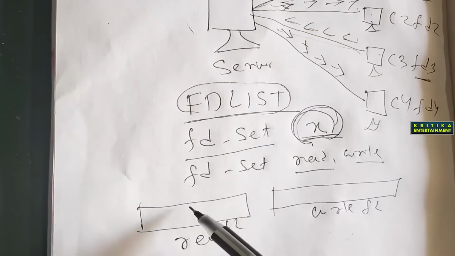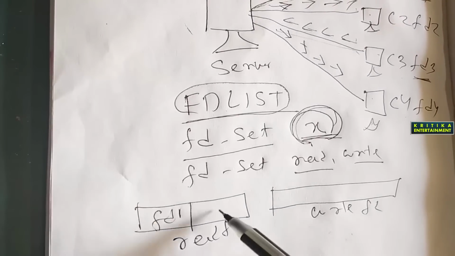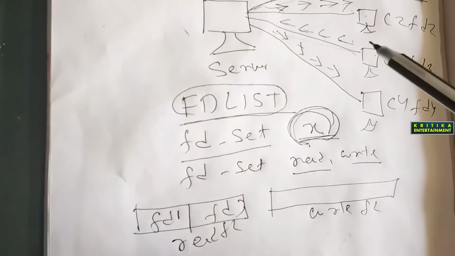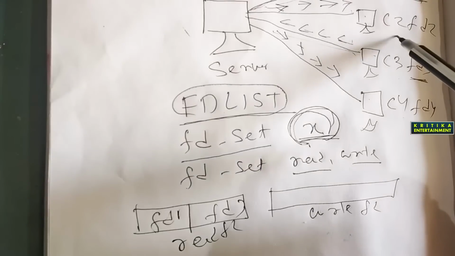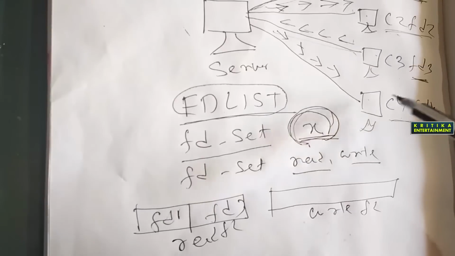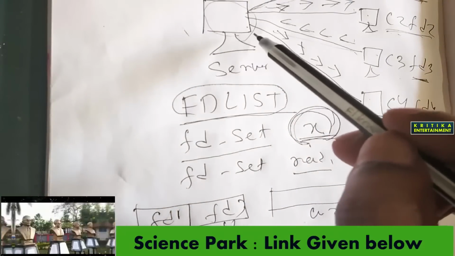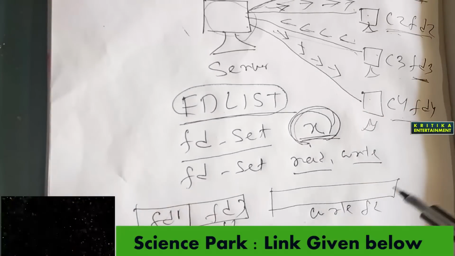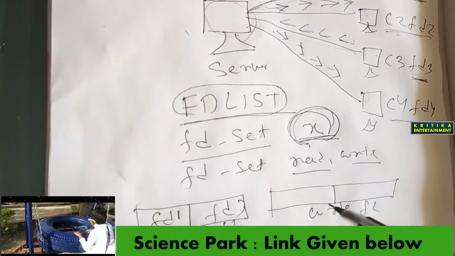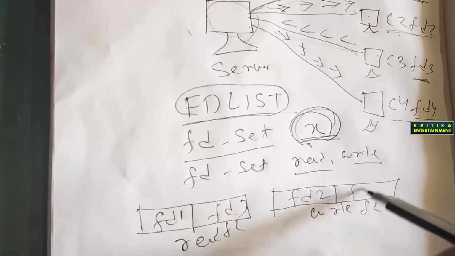So in the read FD set it will store FD1 and FD3. C2 and C4 are both used to receive data from the server. That means in this case the server will be writing data to the client, so it uses FD2 and FD4.